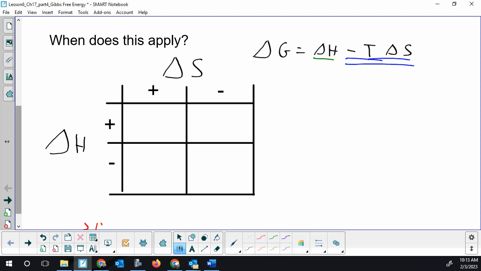So in our first box, when both parameters are positive, the enthalpy term will be positive. The minus T delta S term in this first box, delta S is positive, so minus T delta S will be negative, because of the minus sign. So we're going to have a minus term that can be modified in magnitude by the temperature. So this was our high T box.